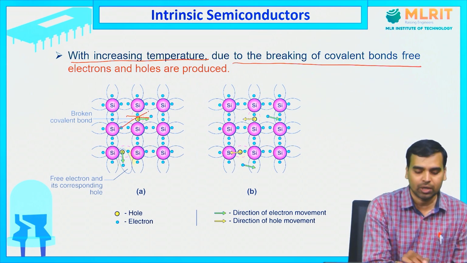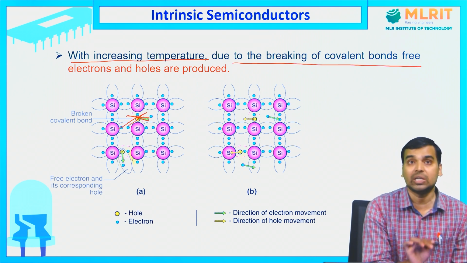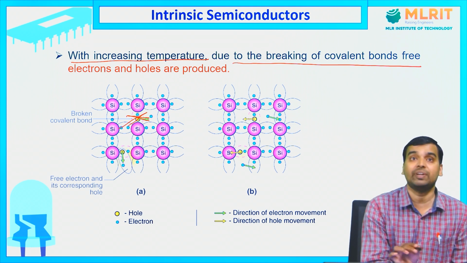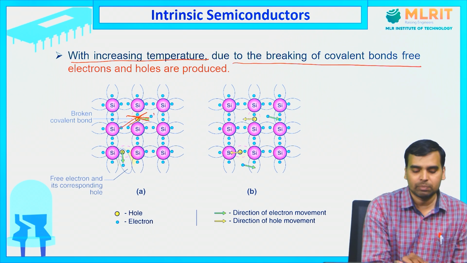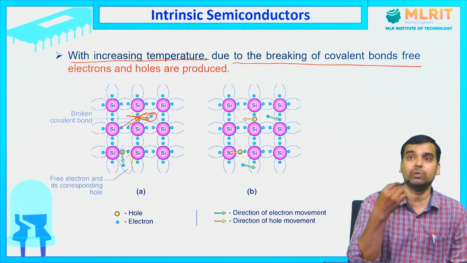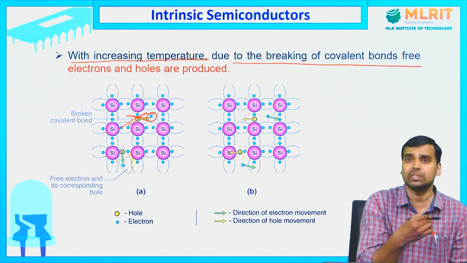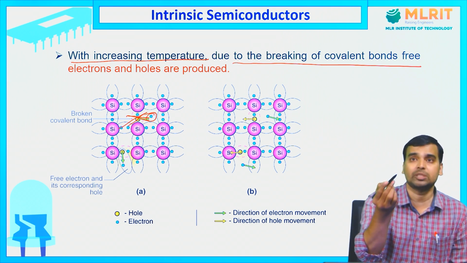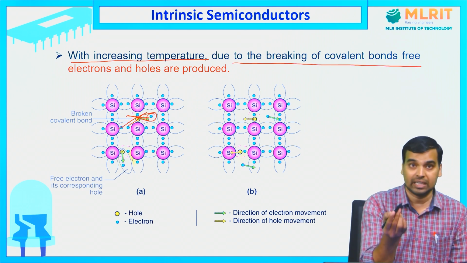Due to the breaking of covalent bonds, the electrons involved in that covalent bonding are going to behave like free electrons. Whenever an electron behaves like a free electron, immediately that electron will be excited from valency band to conduction band by using thermal energy. Whenever that electron is excited from valency band to conduction band, there exists electrical conductivity.